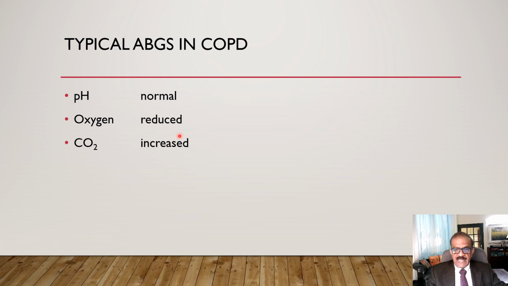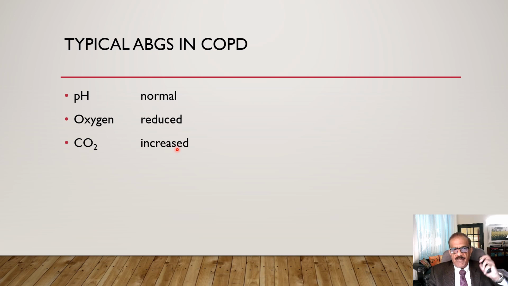CO2 may be increased. Now this may be a little interesting because carbon dioxide is 20 times more diffusible than oxygen. There may be a case who is hypoxic but not hypercapnic, because of hypoxic hyperventilation the patient may actually be washing out carbon dioxide.